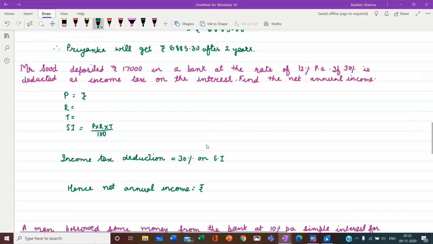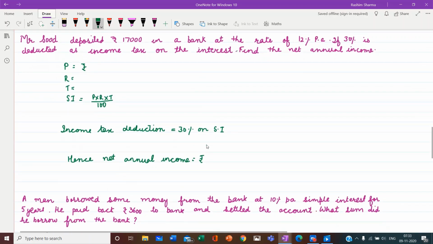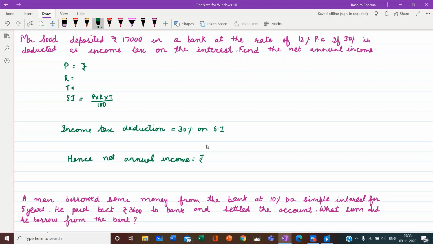Mr. Sood deposited rupees 17,000 in a bank at the rate of 12% per annum. It means principal is rupees 17,000 and rate of interest is 12% per annum. If 30% is deducted as income tax on the interest, find the net annual income.